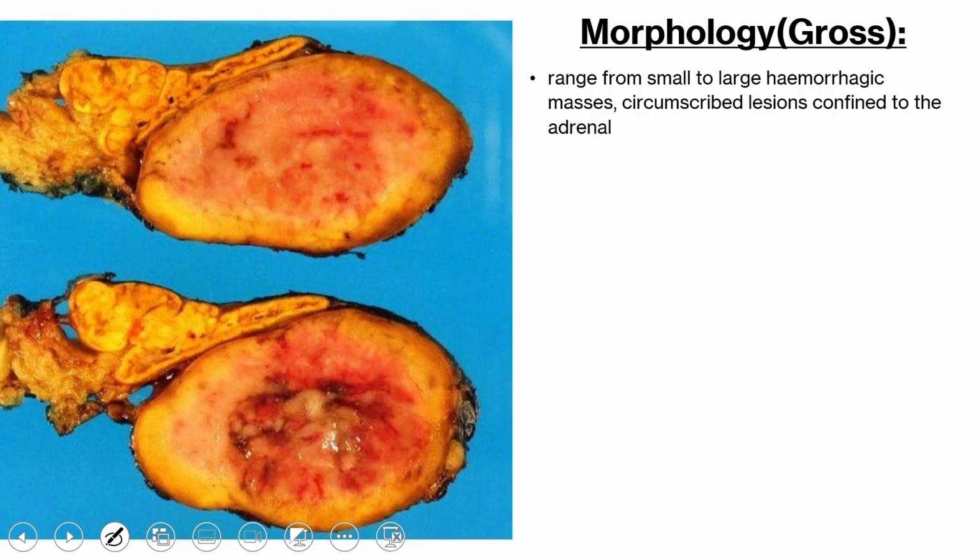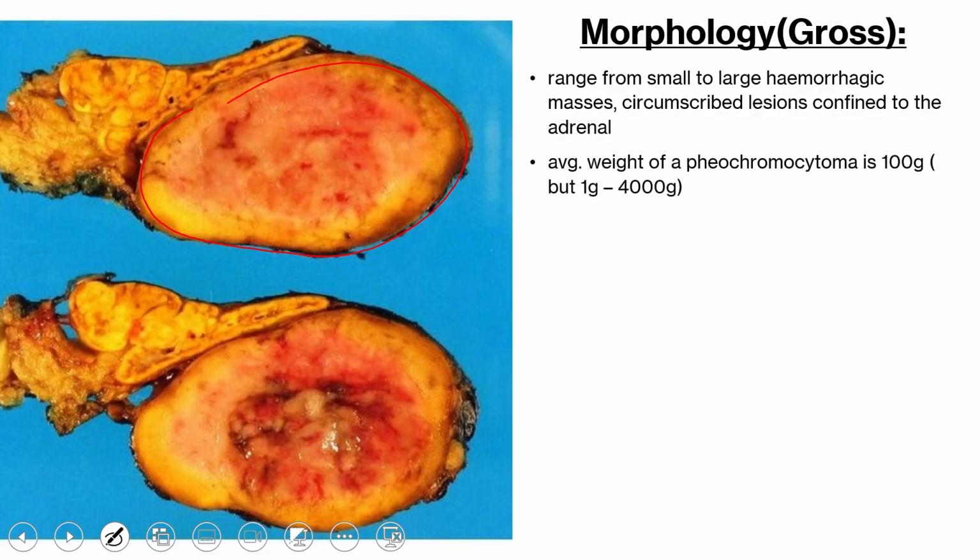They are well circumscribed lesions confined to the adrenal, though some extra-adrenal pheochromocytomas may also be present. In the adrenal medulla, the lesion is circumscribed, ranging from small to large hemorrhagic masses, and the average weight is 100 grams, but it may range from 1 gram to 4,000 grams.